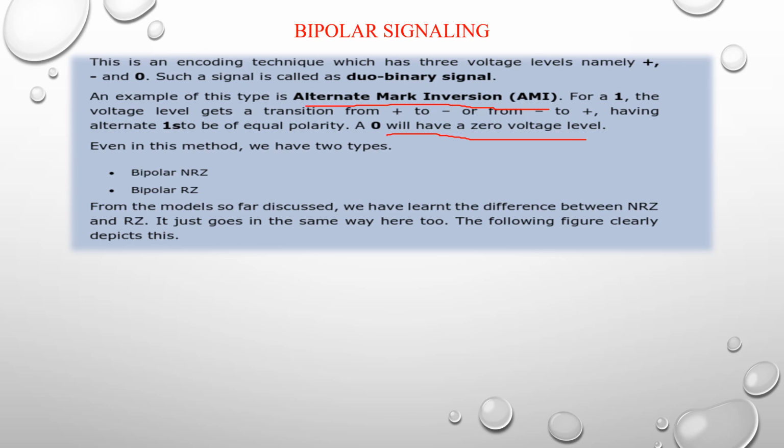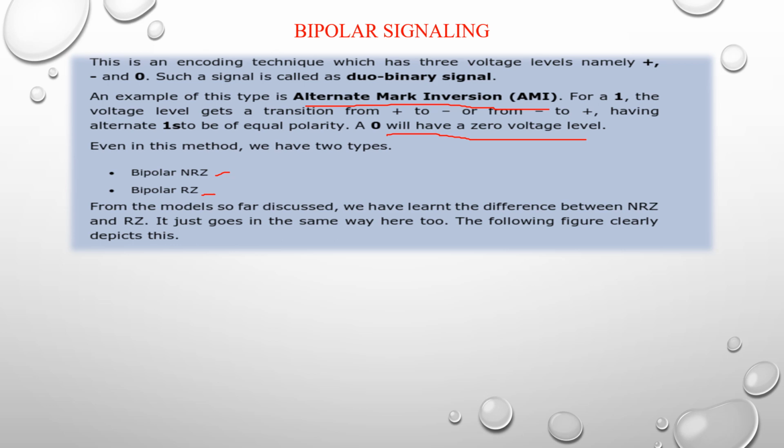Even in this method, we have two types. The first one is bipolar non-return to 0 and the second one is bipolar return to 0. From the models discussed so far, we have learned the difference between non-return to 0 and return to 0.